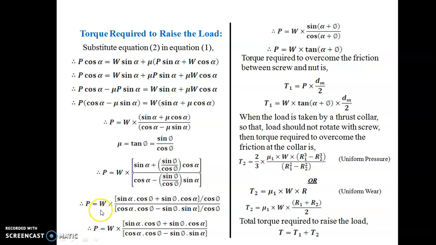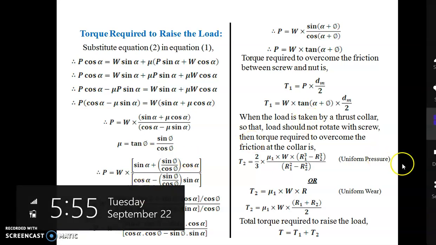After expansion it will be P equal to W into (sin alpha cos phi plus sin phi cos alpha) divided by cos phi, divided by (cos alpha cos phi minus sin phi sin alpha) divided by cos phi.